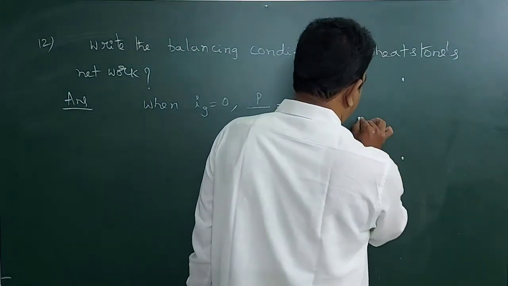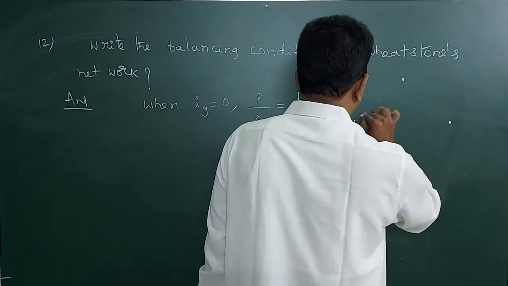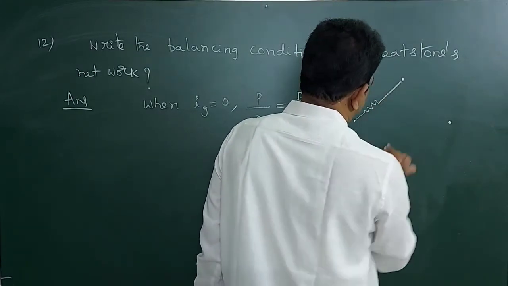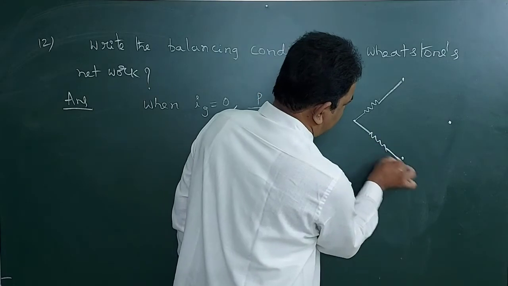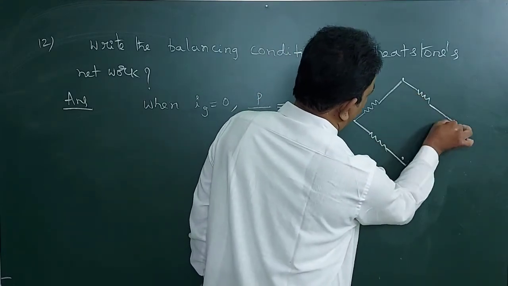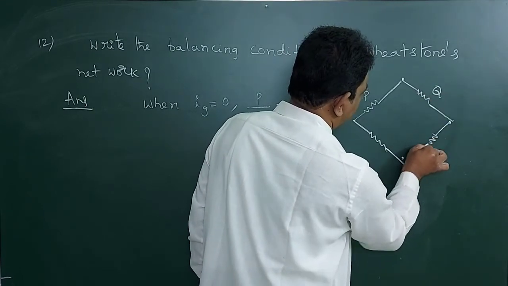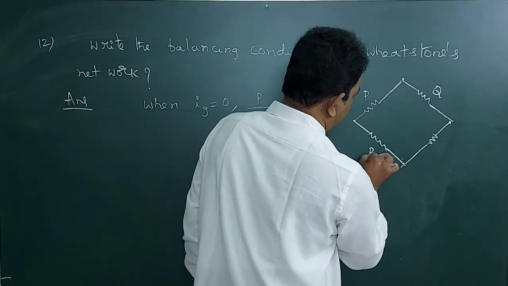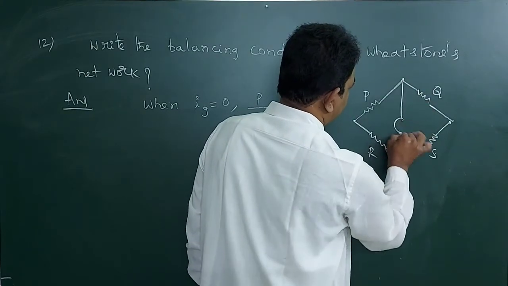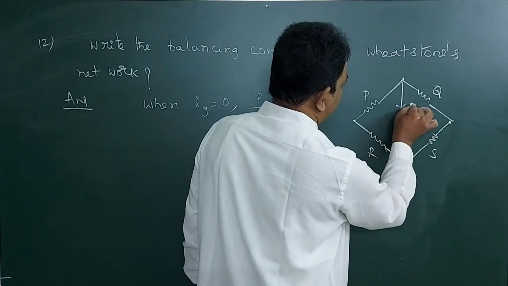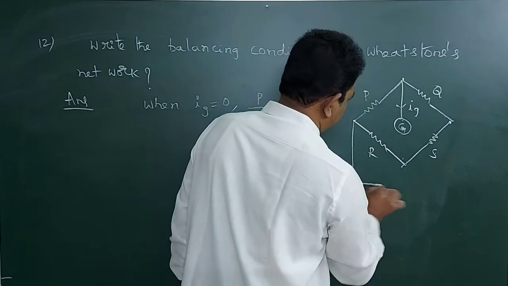If possible, draw this diagram also for a better grip on the concept. This is P, this is Q, this is R, this is S. Here is the galvanometer Ig.